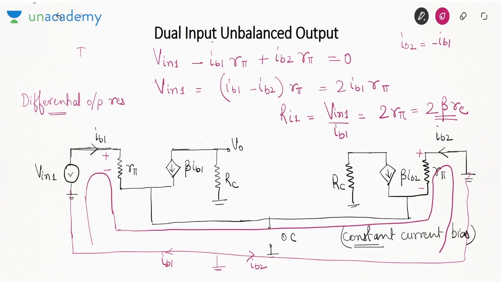Resistance measured at the output terminal with respect to the ground. So if you see from here, what is the resistance? RC. If you see from this terminal, what is the resistance? RC. That is your differential output resistance. So what is differential output resistance? Resistance of the output terminal with respect to the ground, and it will always be equal to RC.